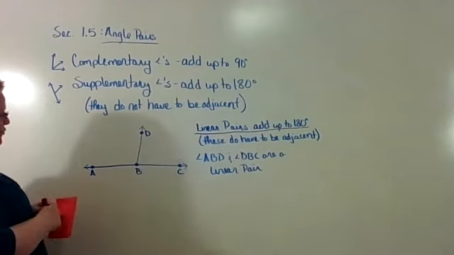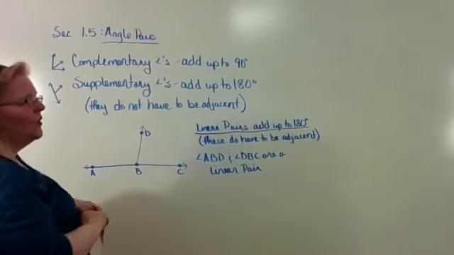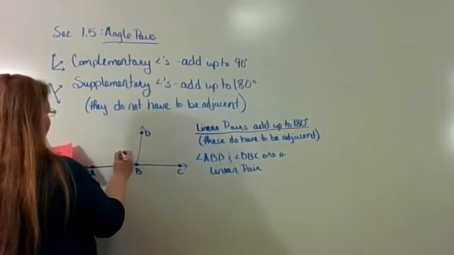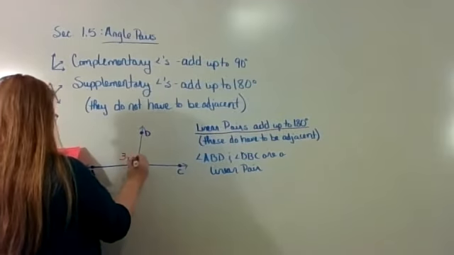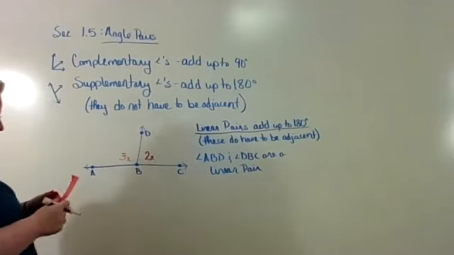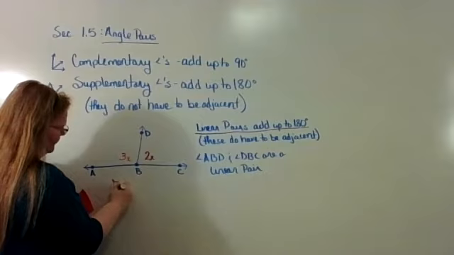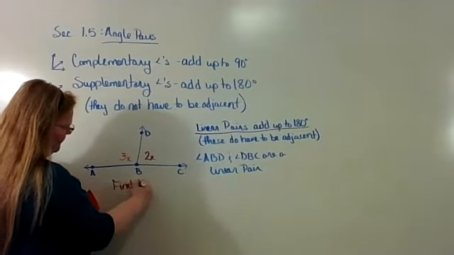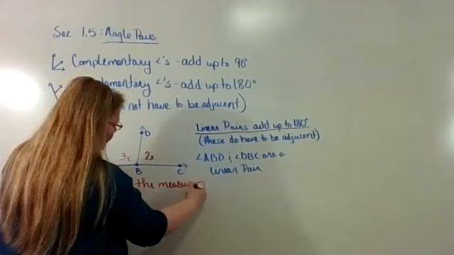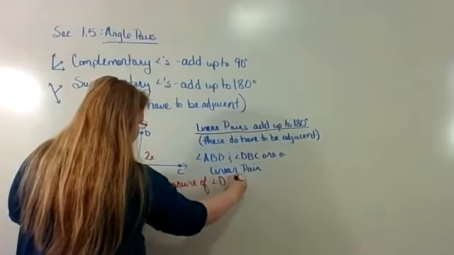Okay, so all that being said, what if I were to say that this angle was 3x and this angle is 2x? And then what if I were to say, find the measure of angle DBC?